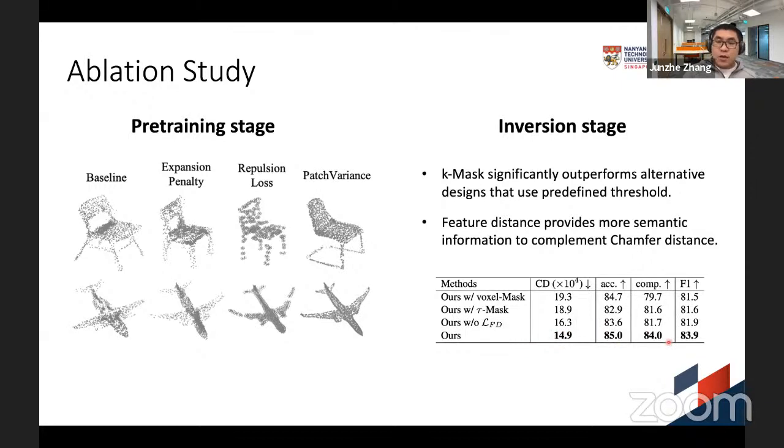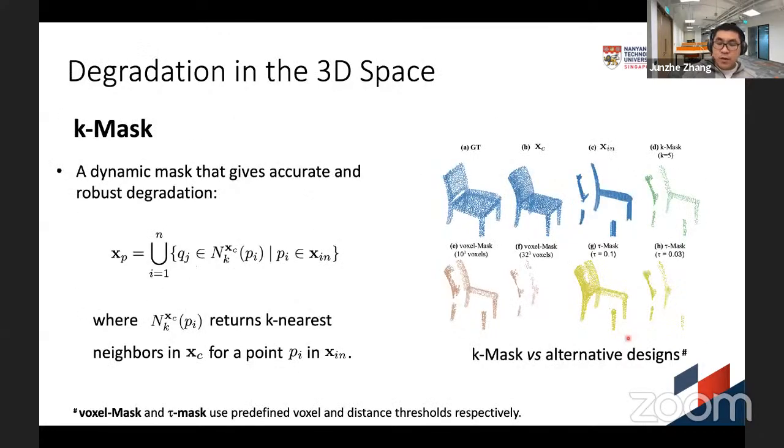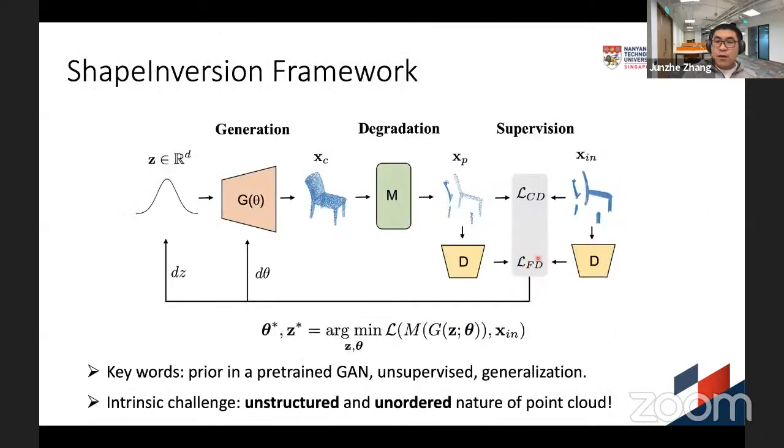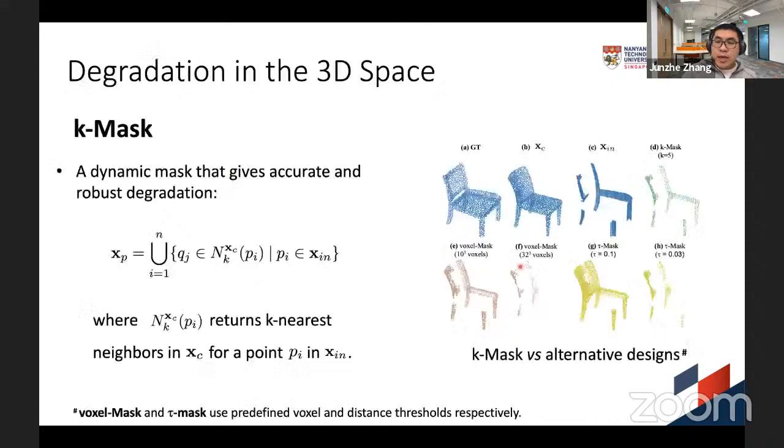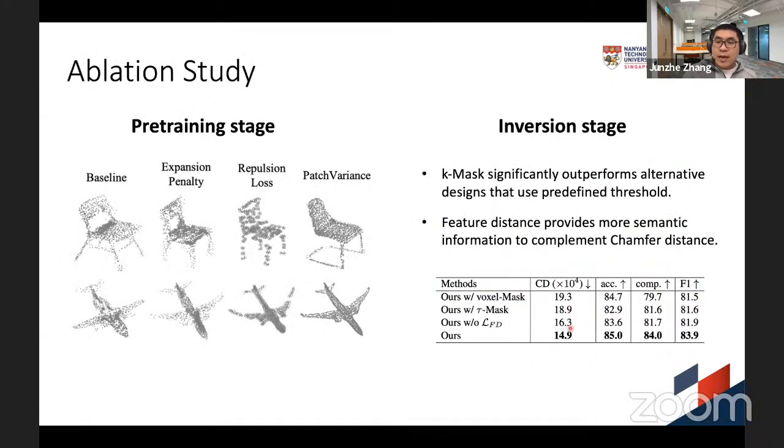And if we look at the other design feature, which is the feature distance over here, compared to only using the transfer distance, our feature distance can give more semantic information and hence further improve the performance. Specifically, if we drop the feature distance module, we again see a noticeable performance drop. So this is just an ablation study to showcase the effectiveness of our proposed modules, right?